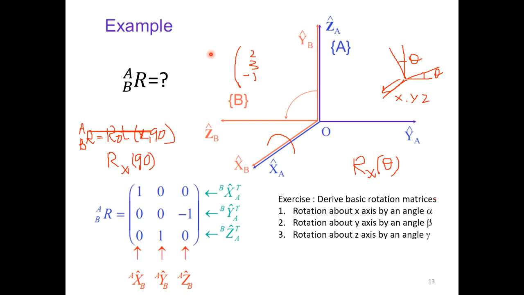This is a right-hand coordinate frame. So if you rotate anything around the x-axis, the rotation has to be positive rotation: the y-axis goes towards the z-axis. When you do it for y, same thing: z has to go to x. And if you rotate around the z-axis, x has to go to y, like that.